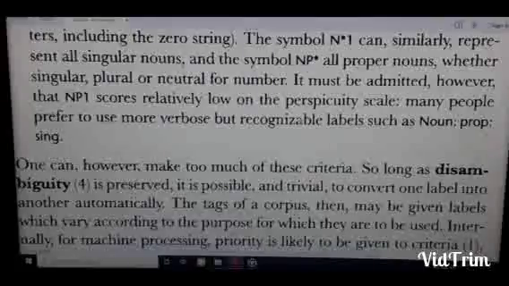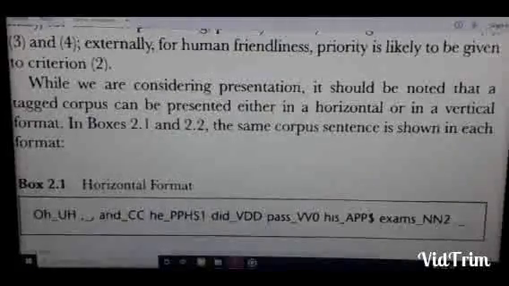The tags of a corpus then may be given labels which vary according to the purpose for which they are to be used. Internally, for machine processing, priority is likely to be given to criteria 1, 3, and 4. Externally, for human friendliness, priority is likely to be given to criterion 2.